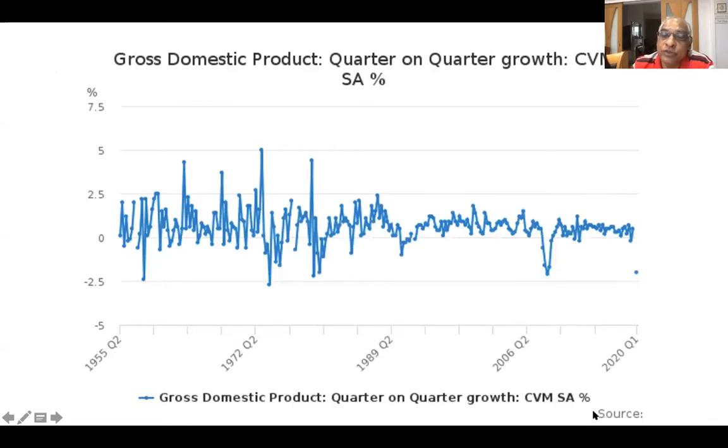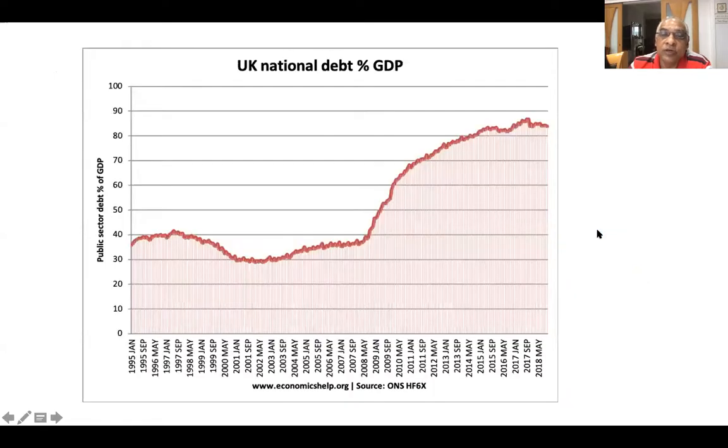This graph shows that after 2008, we can see these national income growth rates. They were very, very low. This is where you say recovery, as compared to the earlier period. The recovery was very, very weak. The public debt, so we see here, this is from 1995.